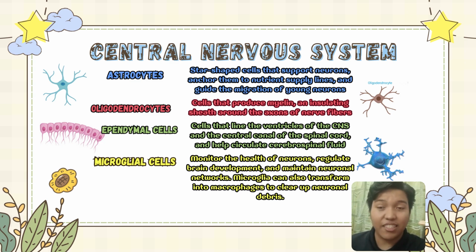Microglial cells monitor the health of neurons, regulate brain development, and maintain the neuronal networks. Microglia can also transform into macrophages to clear up neuronal debris. That's all from me. On to the next one.